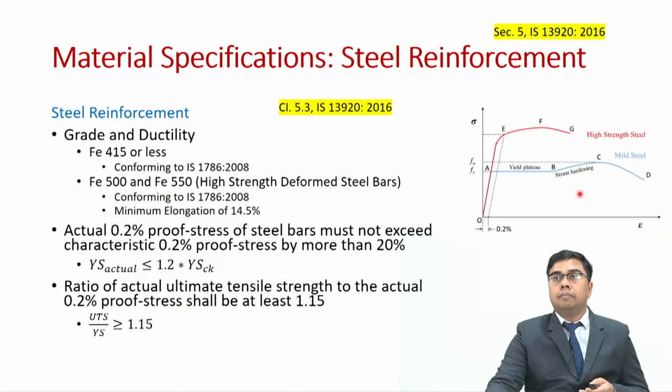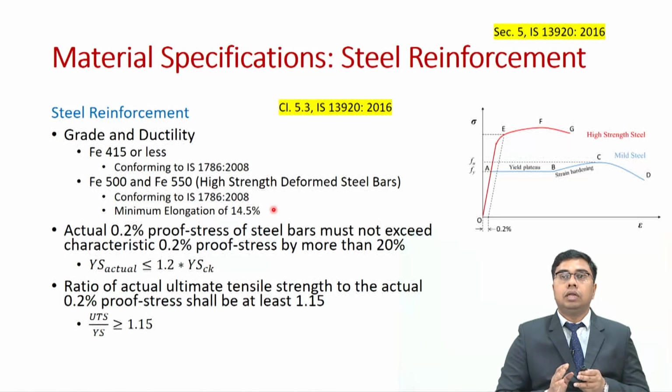So, the minimum elongation that is desired in steel reinforcement bars is 14.5%. If you find any steel bar which has elongation less than 14.5%, you need to reject that lot for seismic resistance. You cannot use that in buildings which are being designed for seismic resistance.